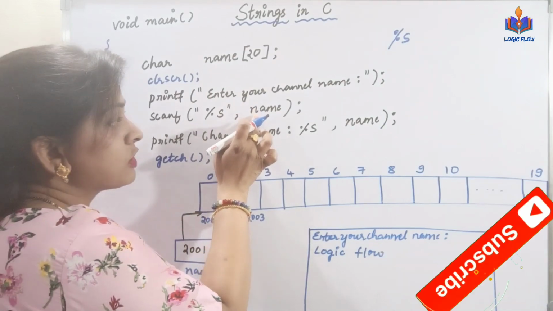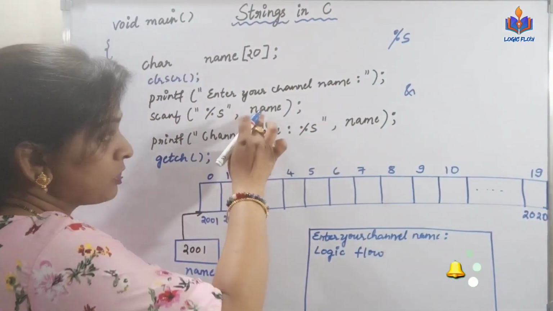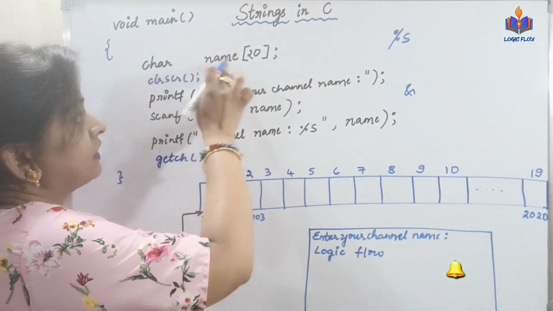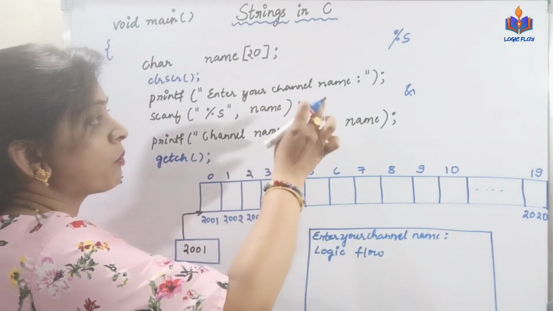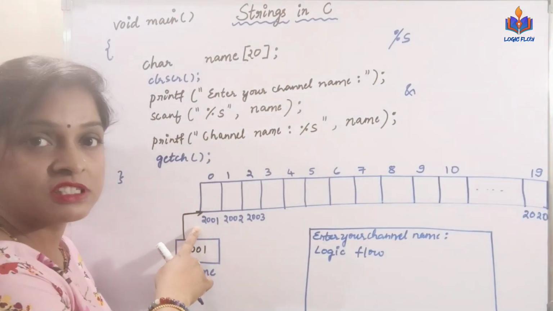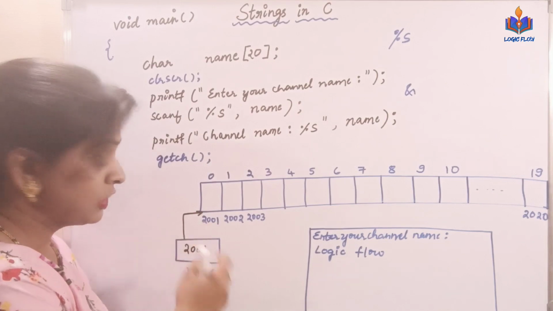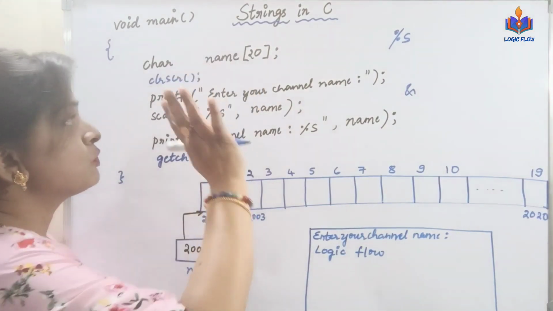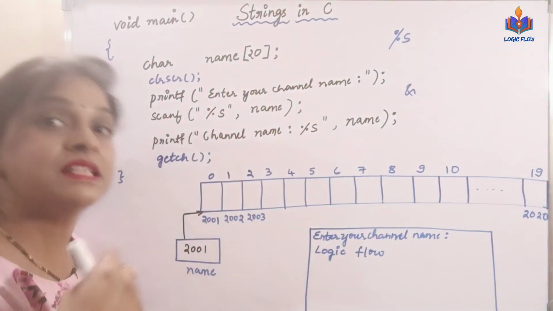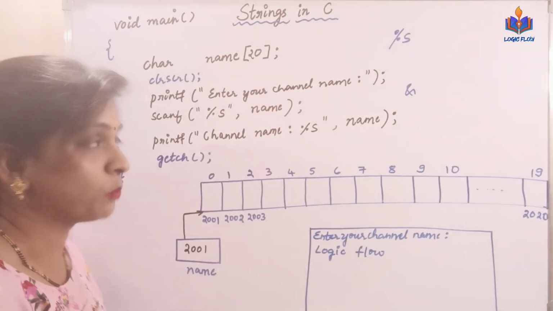And just observe here, we have not used the address operator, that is ampersand, because the character array name itself provides the base address, which is nothing but the address of the first element. So it is the address that I am providing. Here I have used the character array name as name. You can use some other variable name also.